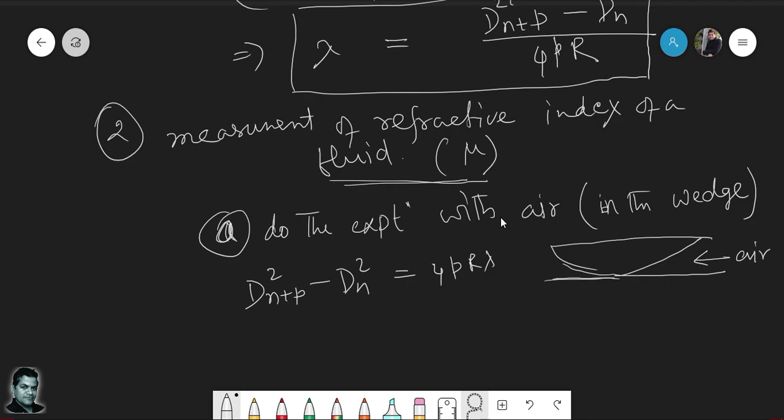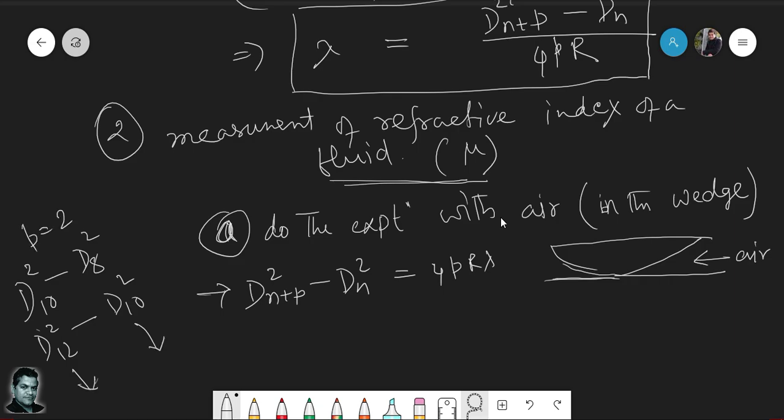So you calculate the difference between D10 squared minus D8 squared, then D12 squared minus D10 squared, and so forth, several values with p equal to 2 in this case.